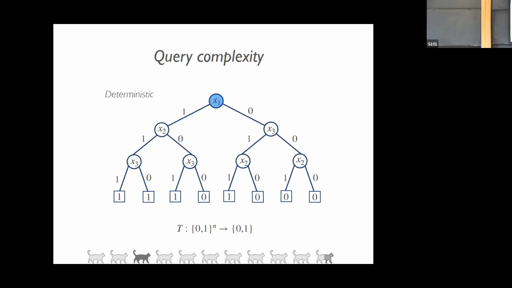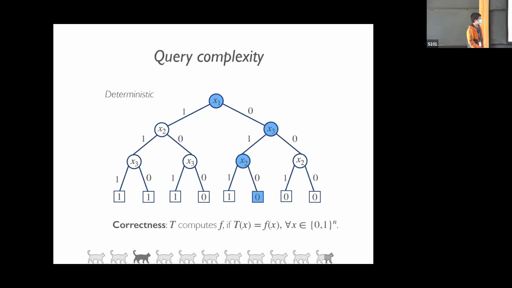So let's just say x1 is 0, and we will query x3 next. We repeat this procedure until we reach some leaf in this tree, and the label on this leaf is the output of the tree.